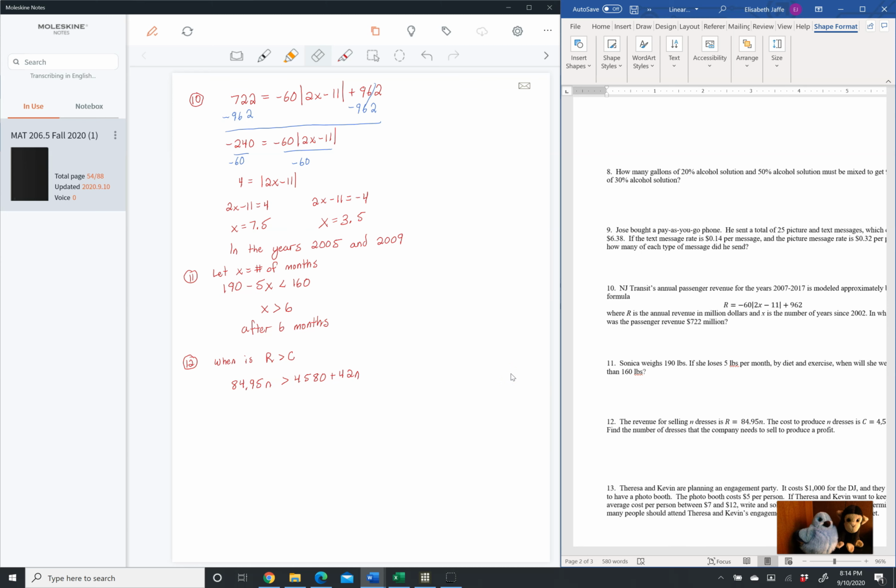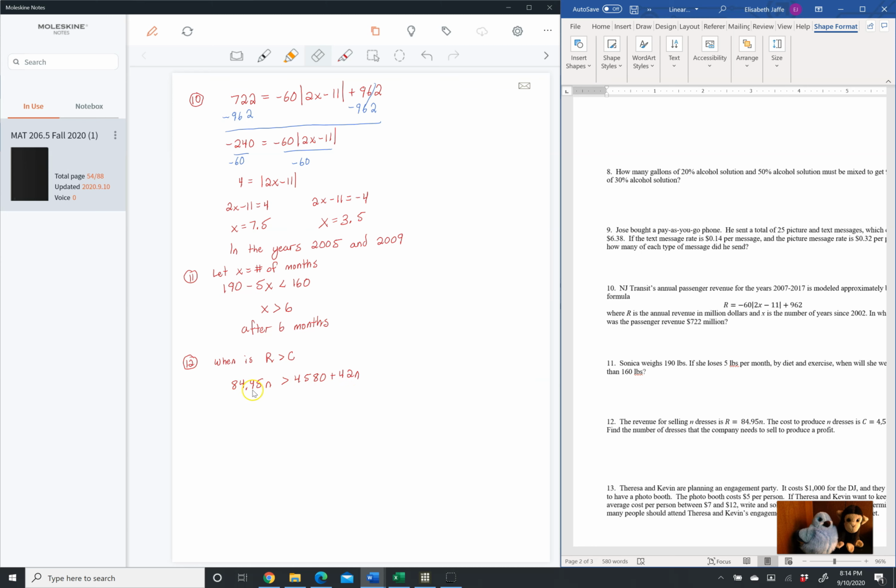Again, I'm just going to give you the answer here. We have to subtract 42N from both sides. That gives us 42.95 N here, and then we just divide both sides by 42.95.